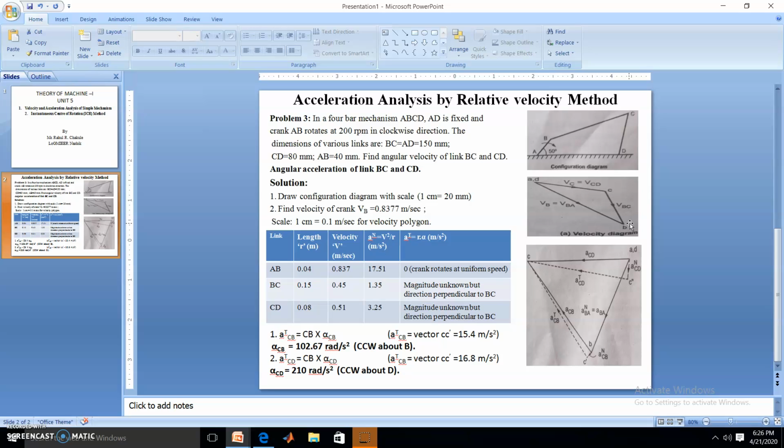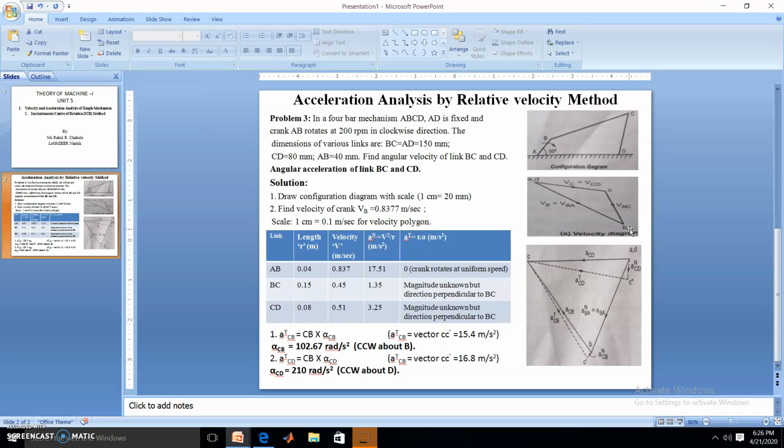The rotation of crank is given clockwise. So accordingly, you fix the points a and small d, showing by the small letter, and as per the clockwise direction of the crank AB, you draw the magnitude of crank, which is 8.37 centimeter, and you give the name as b. After getting the b point, you go for next link, that is BC.